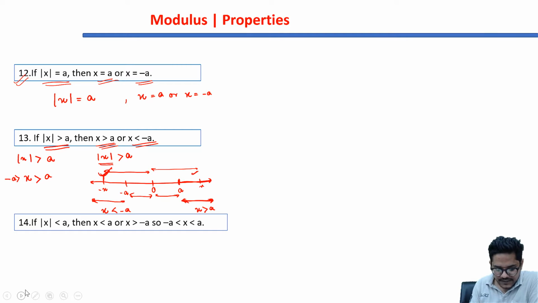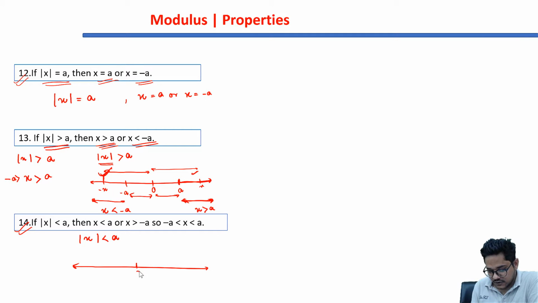Now let's look into another property, very similar. If modulus of x is less than a, again on the number line, we have 0 over here, a is over here, and modulus of x is nothing but the distance of point 0 to x, and if this is less than a, then x must be in this region over here to here.